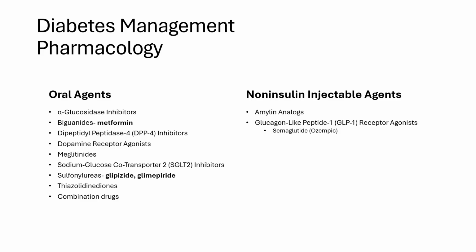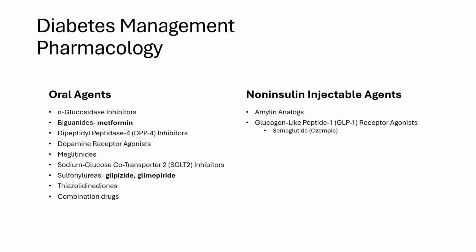So, diabetes management pharmacology. There are several oral agents. They work to improve the mechanisms by which the body makes and uses insulin and glucose. They work on three defects of type 2 diabetes: insulin resistance, decreased insulin production, and increased hepatic glucose production. They can be used in combination.